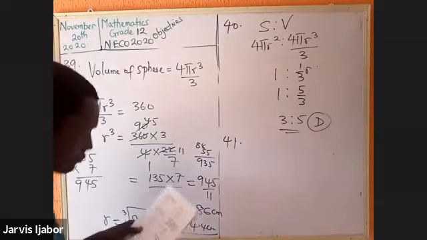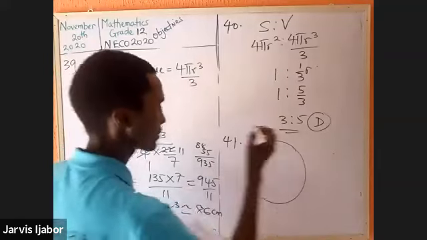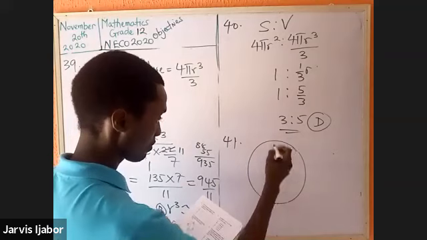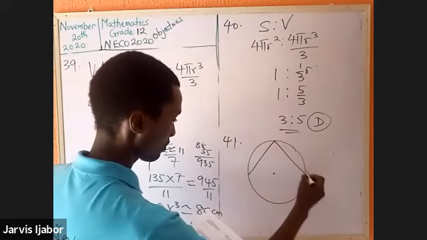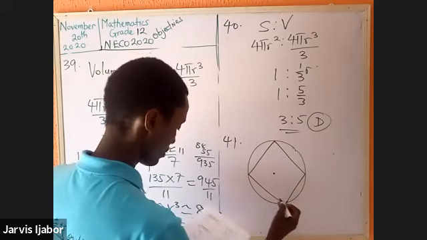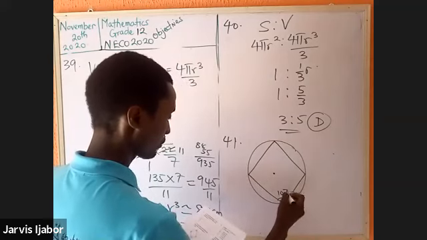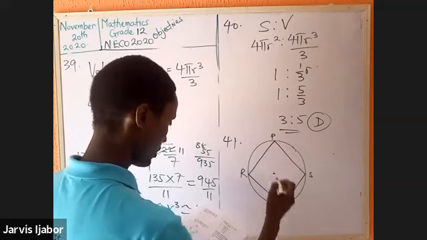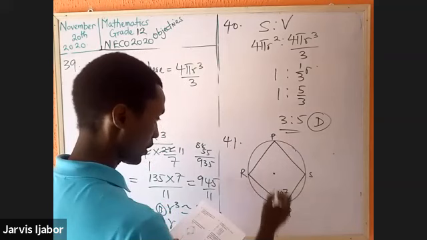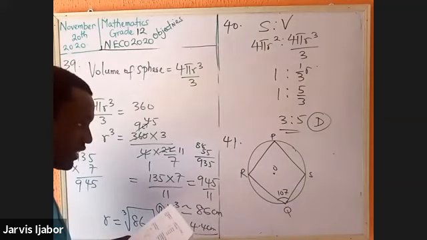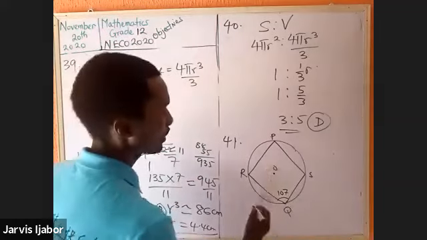So 41, we have this. We have 107, we have S, P, Q, and O. Now you're told to find angle PS. That one is simple.